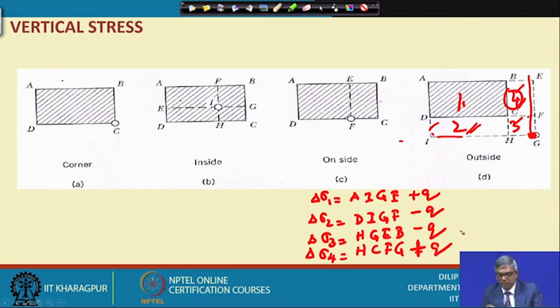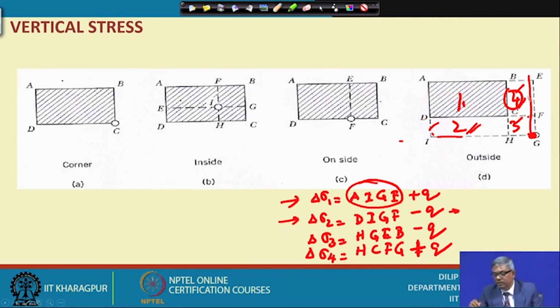So, what is the meaning of this? When I consider this area, I have to find out what is A, what is B, and then apply the corner formula, find delta sigma 1. Similarly, when I find delta sigma 2, I will take this rectangle, find A, B, M, N, then apply the corner formula, then find delta sigma 2 with negative loading.